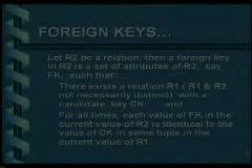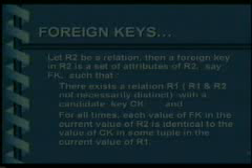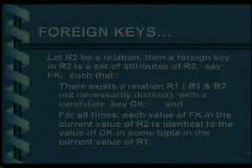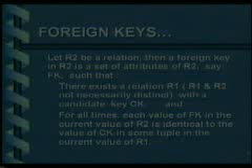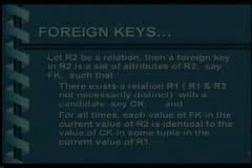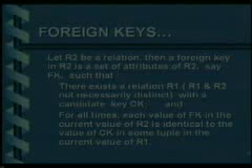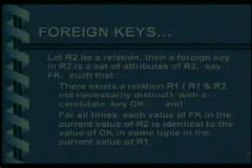Let R2 be a relation. Then a foreign key in R2 is a set of attributes of R2, say FK, such that there exists a relation R1, R2 not necessarily distinct, with the candidate key CK.